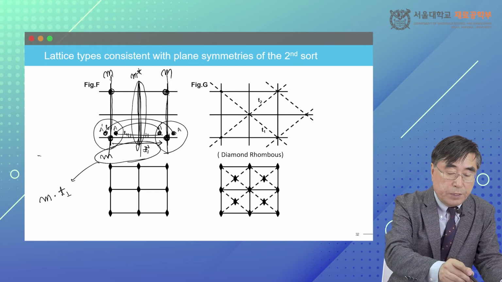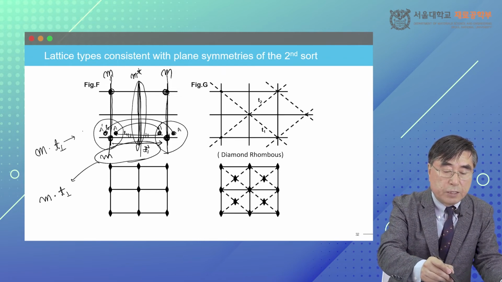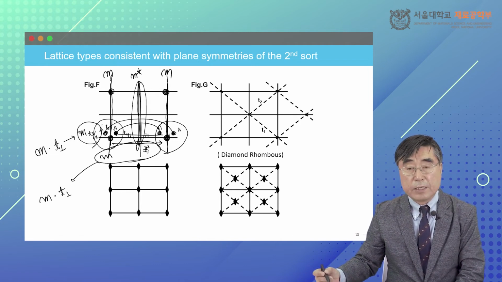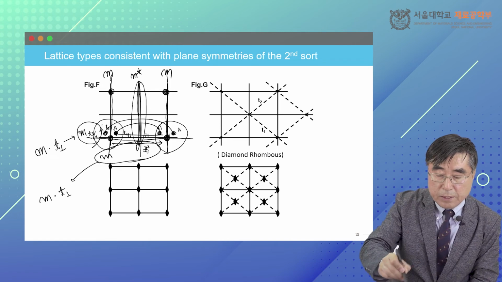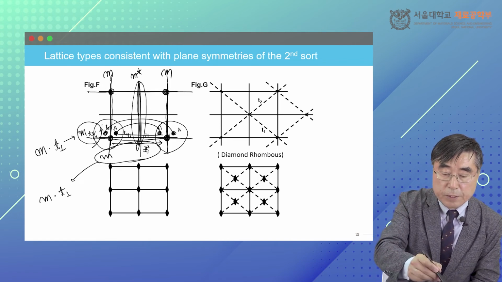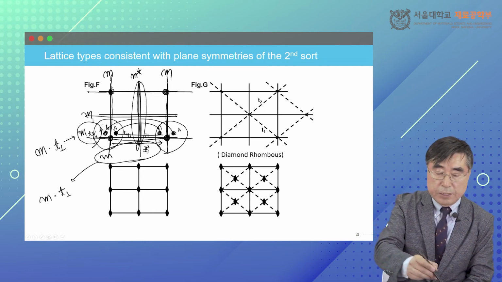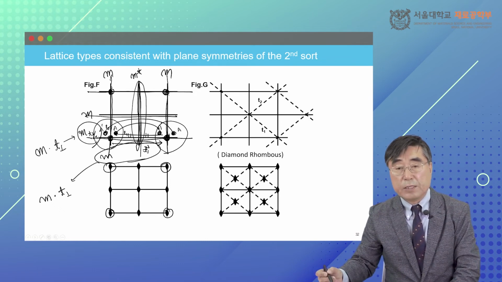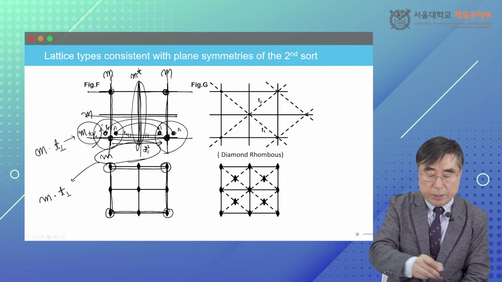Okay, so mirror and the perpendicular translation generates another mirror at half of the translation vectors. This is the extra symmetry that is developed. Okay, if I put a mirror in here, perpendicular to each other, then of course a mirror is developed in here. So this is one set of plane net that we'll discuss. This is based on the mirror plane, and this is a rectangular shape.